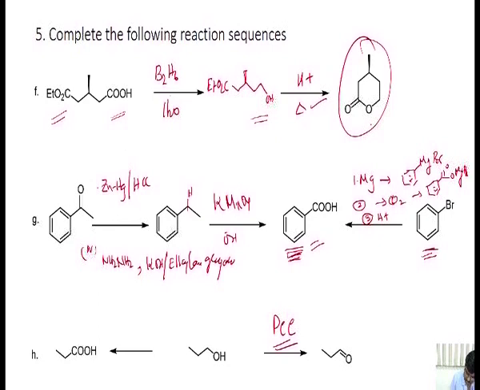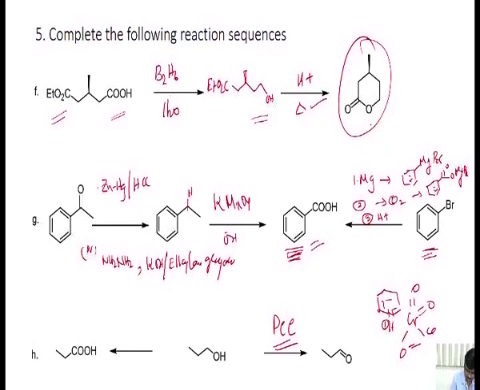The structure of PCC is, when you take 1:1 mixture of chromium trioxide, pyridine and HCl, they can form this salt, orange color salt, which is less reactive.